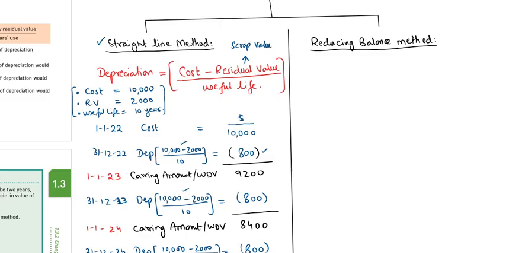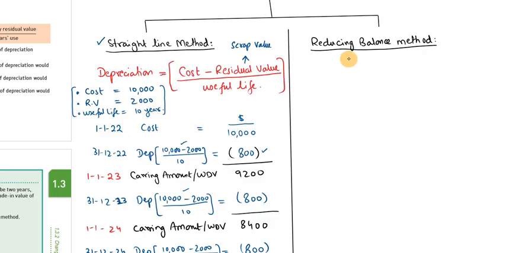So remember one thing while using the reducing balance method. Usually in the reducing balance method, the residual value is not given in the question, so there is no need to calculate the residual value.